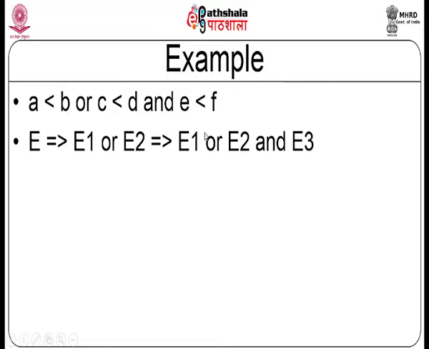Now, in this example, I will first evaluate C less than D and E less than F, both are expressions. Now, this will be fitting into ID1 relop ID2, again one more ID1 relop ID2. So, I will generate 4 statements for this and this, and connect them using AND.